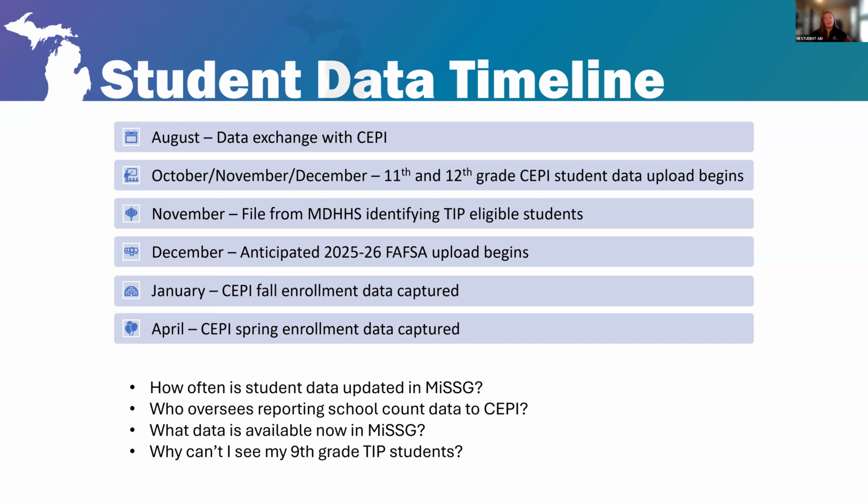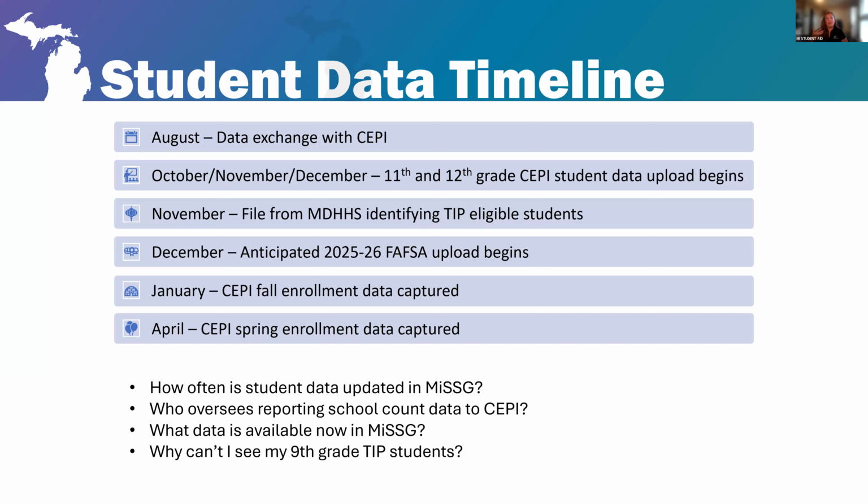But then another big question that's come up this year has been what data is available now in MiSSG. So many of you, if you've gone into MiSSG already, you've probably noticed there's not a lot in here. And the big reason for that is because FAFSA hasn't opened yet. When FAFSA is released in December, we're going to see a lot more student data displaying in MiSSG.